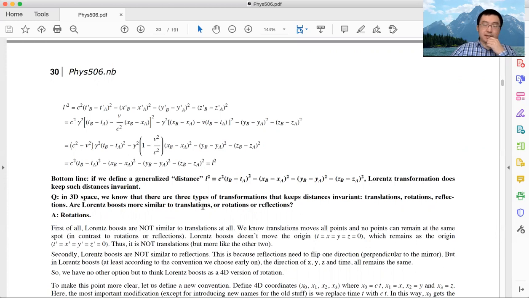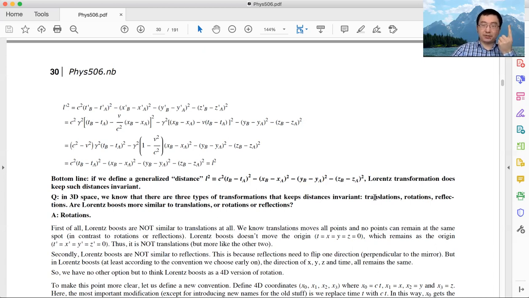Now let's compare this four-dimensional distance and the four-dimensional Lorentz boost with what we know about 3D space. In 3D space, we know there are three types of linear transformation that keep distance invariant.